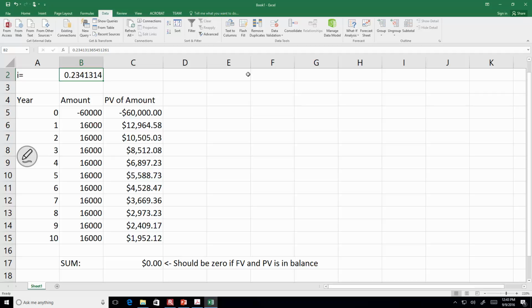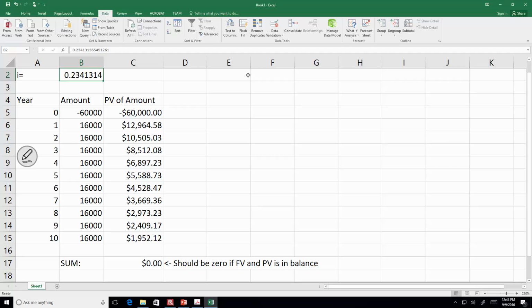That's a wonderful rate of return. You could certainly not get that rate of return in a bank, 23%. But maybe there's a contractor out there who can buy equipment for $60,000 and then make all these withdrawals or additional income from having the equipment, and it yields 23.4%.